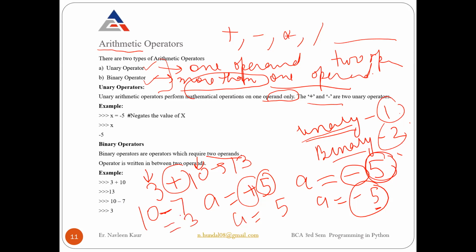Unary operators work on a single data element. If I write minus 5, it is just changing the sign. On the other hand, binary minus needs 2 data elements, like 3 minus 2. So minus and plus act both as unary and binary.